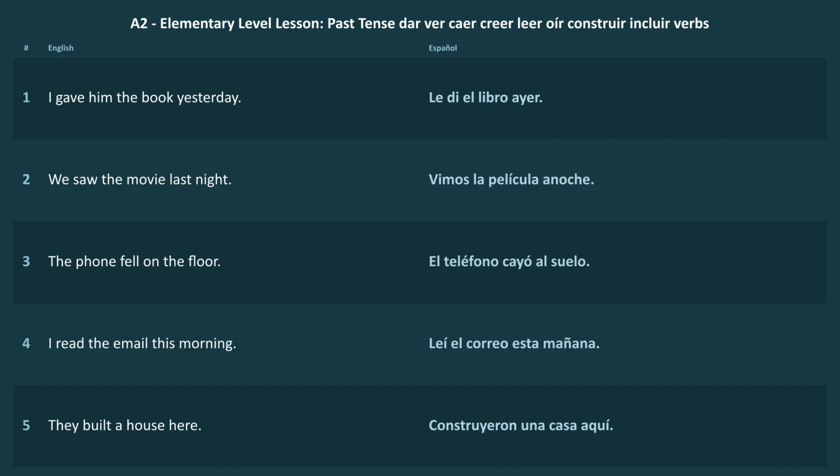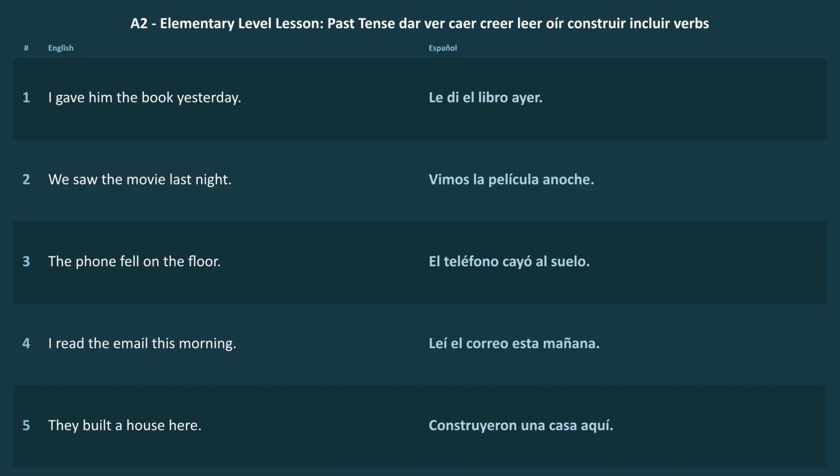Second, don't forget the y in forms like cayó, leyó, oyó, construyó, incluyó, and especially the they forms. Cayeron, leyeron, oyeron, construyeron, incluyeron. Third, watch the difference between present and past. Leo is I read, regularly or now. Leí is I read, in the past. Oigo is I hear now.